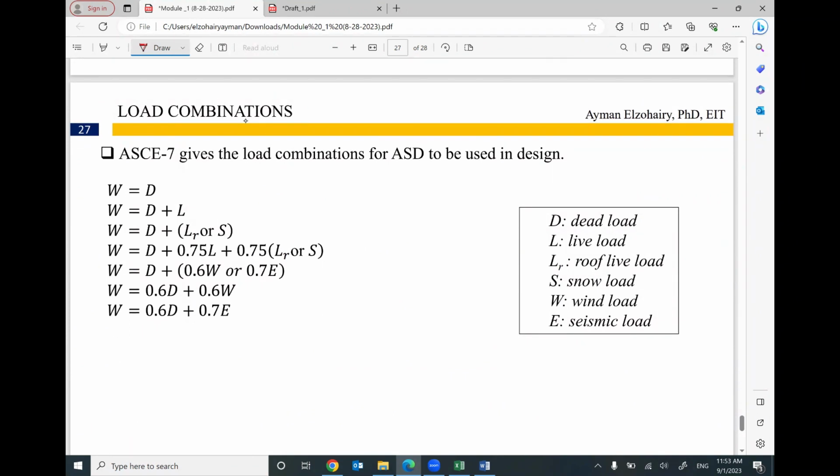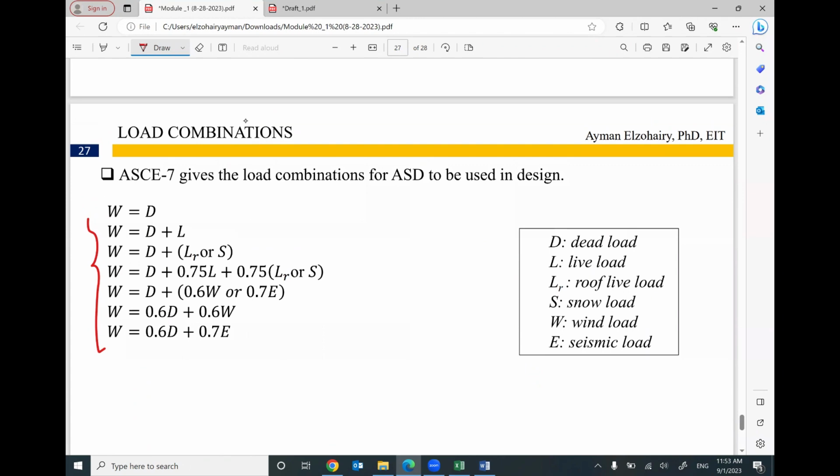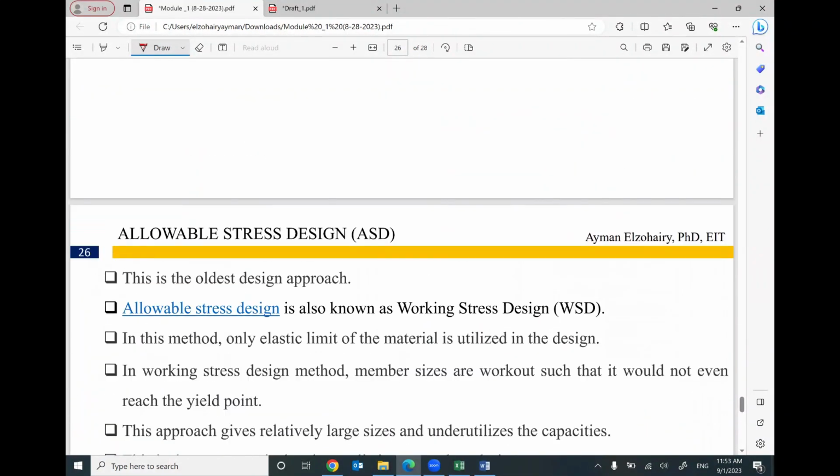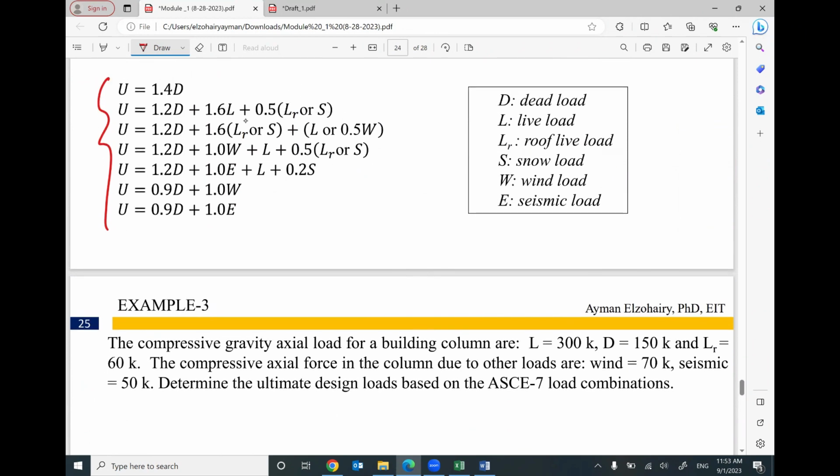We have other combinations if you would like to use the allowable stress design. So for example, we are given the value of the live load on this column. We have 300 kip.